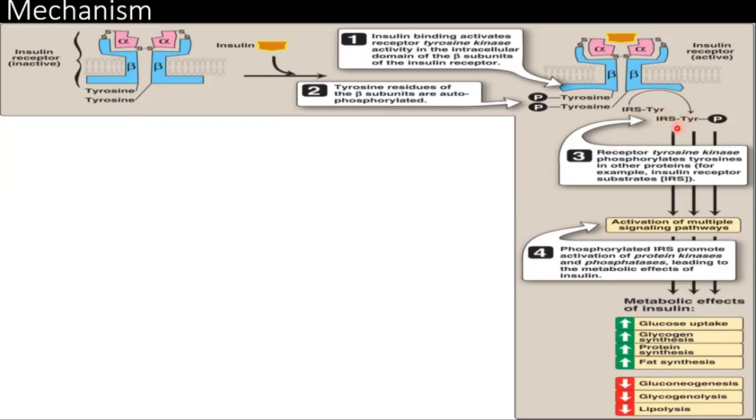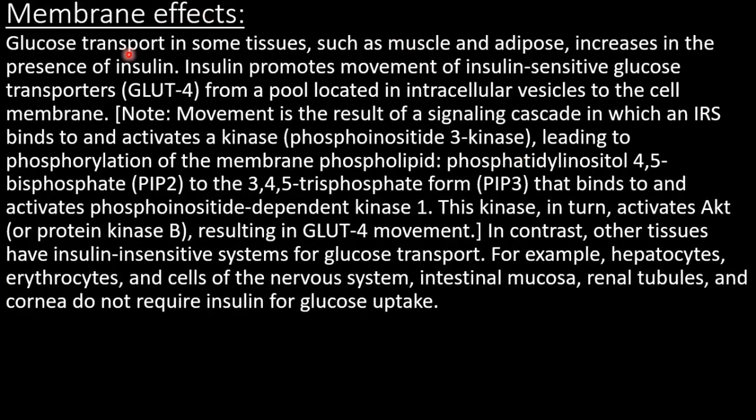Once those insulin receptor substrates are activated, they will activate multiple signaling pathways, which will lead to these metabolic effects: increased glucose uptake, increased glycogen synthesis, increased protein synthesis, increased fat synthesis, but it will inhibit gluconeogenesis, glycogenolysis, and lipolysis. But that was just an image.